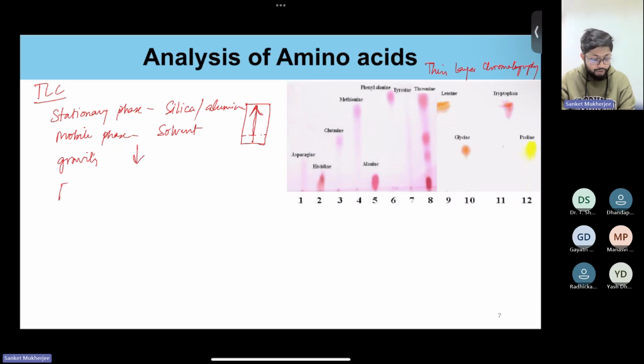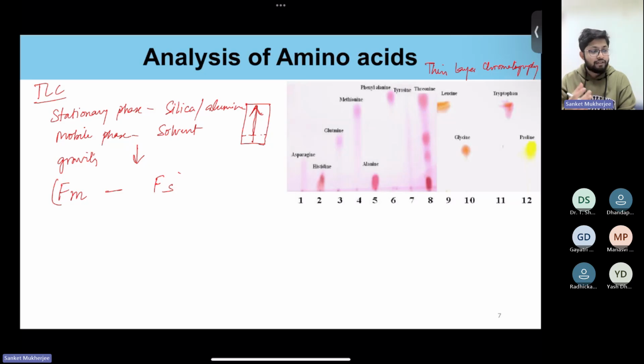There is a force by the mobile phase and a force by the stationary phase. The mobile phase will allow the amino acid to move upwards, whereas the stationary phase will resist this movement. The mobilization force in total is Fm minus Fs, that is how much force is applied on a single amino acid.